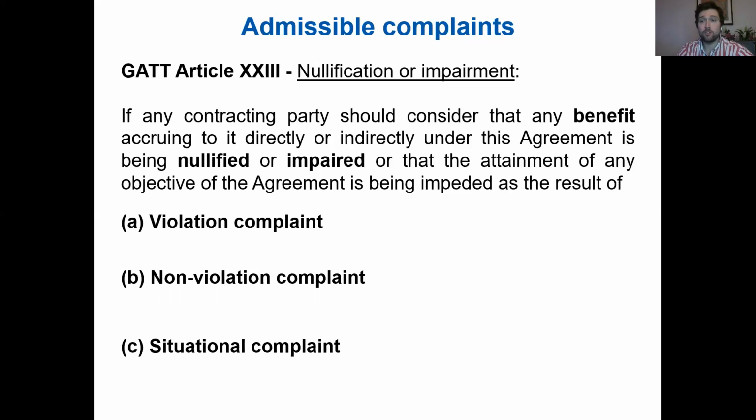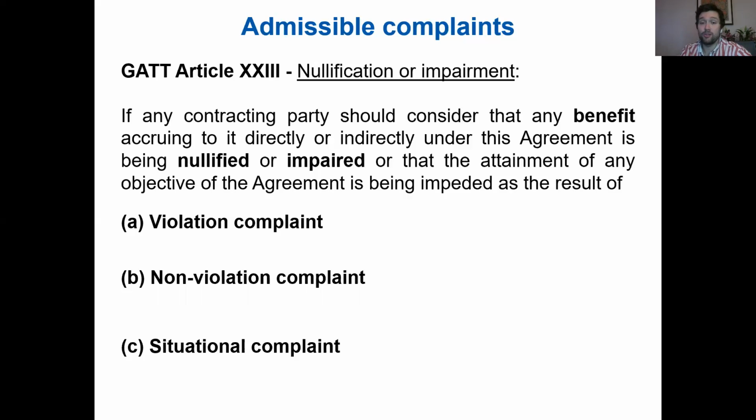So subsidies of this type are permitted, but still, if the subsidies result in the nullification and impairment of the benefit, they could be subject to a non-violation complaint. So if subsidies are provided in such amounts that they really nullify or impair the benefit of other members under the GATT, then it could be a ground for a formal complaint.